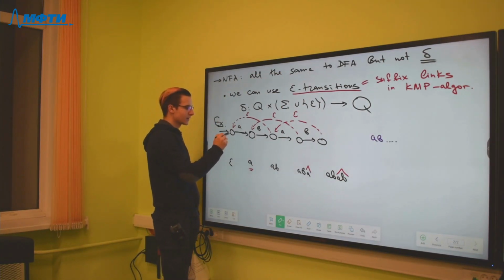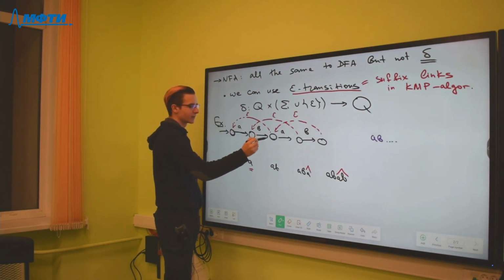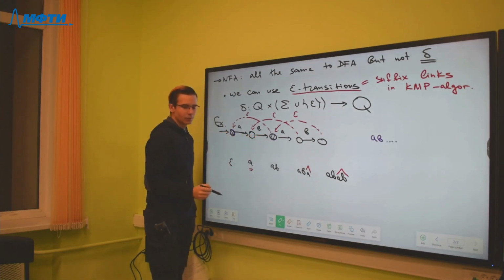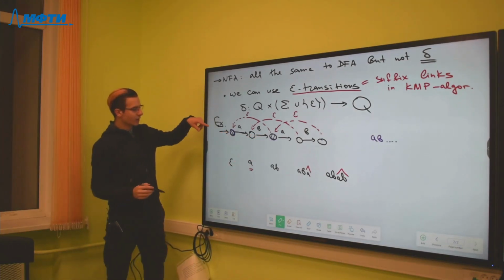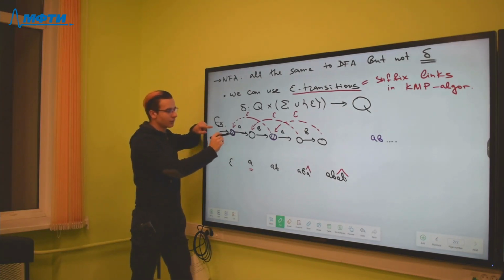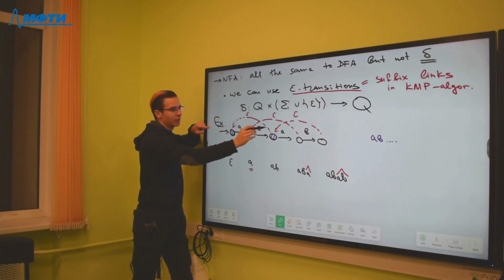we can say that we are in two states, because we can go from the initial state by A, B, and epsilon.